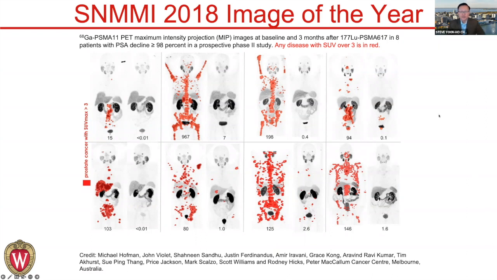And their group really did amazing work, very detailed, systematic, prospective studies looking at the efficacy of lutetium PSMA 617 in these patients with advanced castration-resistant prostate cancer. So if you take a look in all of these little boxes on screen left, in red are sites of metastatic disease.